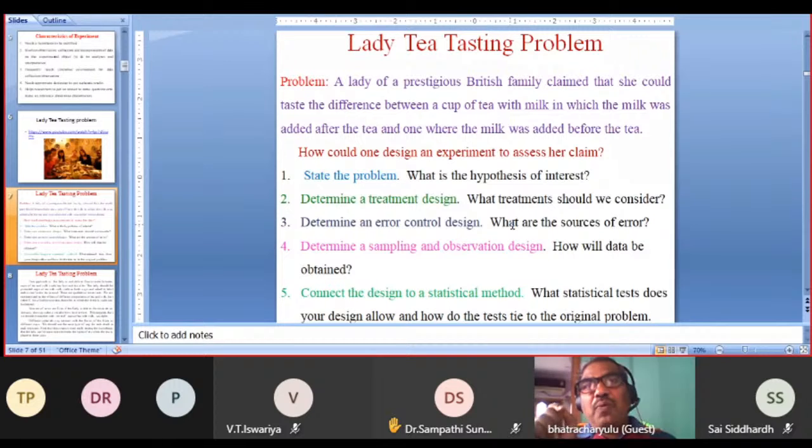Whichever statement you are more favorable to, that statement you take and try to reject, so that I am planning for the experiment.